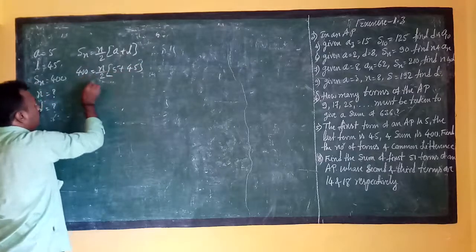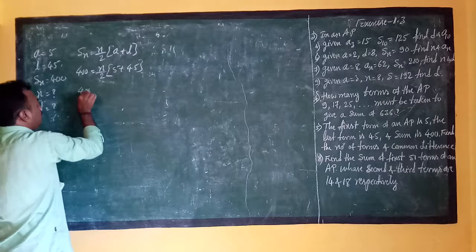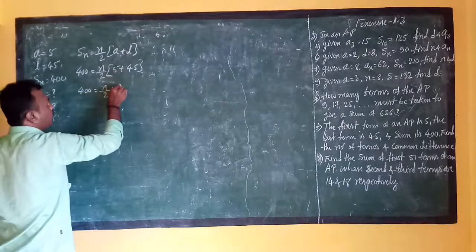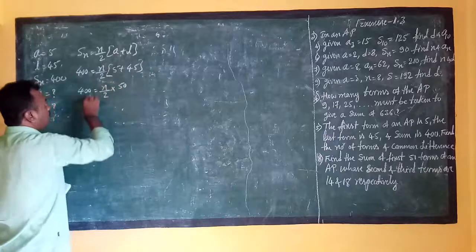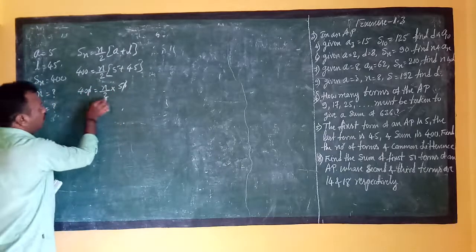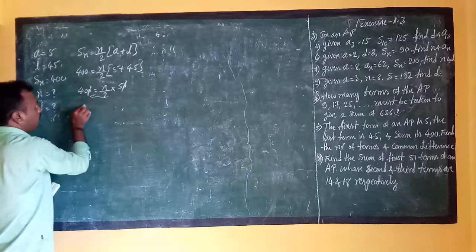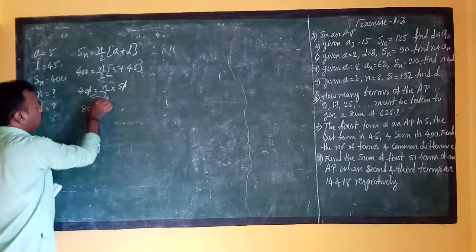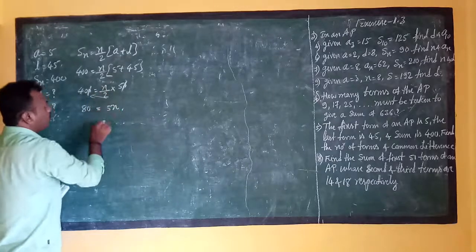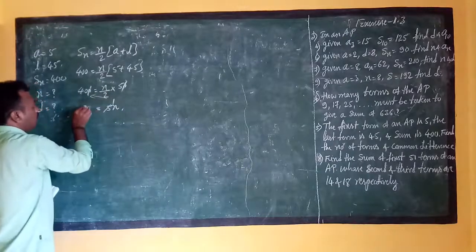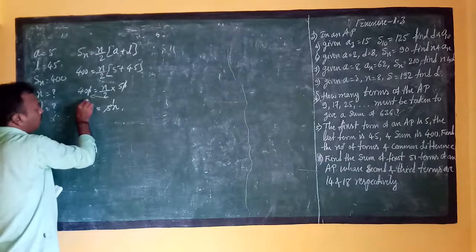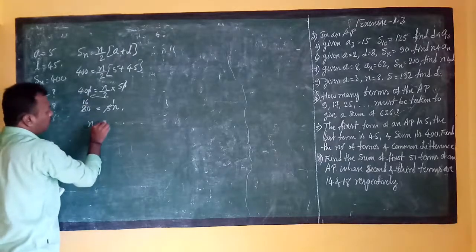So 400 is equal to n by 2 into 45 plus 5, which is 50. Now the 0s get cancelled. We have to multiply 2 into 40, 80. 40 into 2 is 80. It is equal to 5n. Now 5 ones are 5, remaining is 30. 5 sixes are 30. Therefore n is equal to 16.